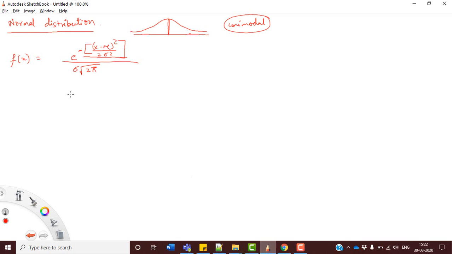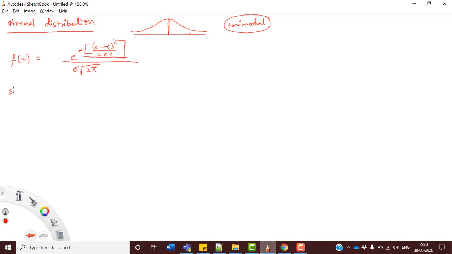Formula is somewhat this complex. Okay, the pi and e values are the same constants from mathematics. This is 2.71, this is 3.14. This is sigma, the standard deviation, this is mu, this is the same sigma. Okay, 2 sigma whole square.